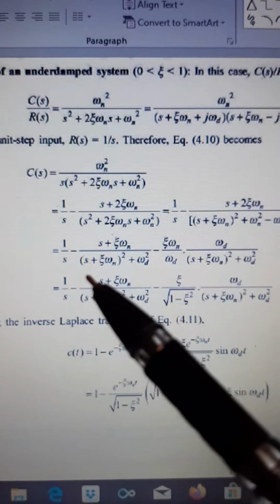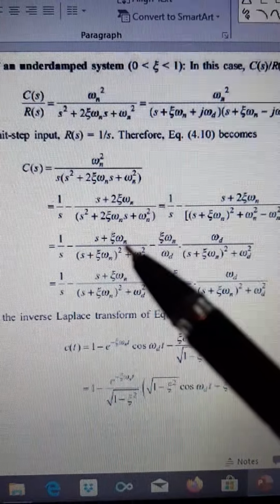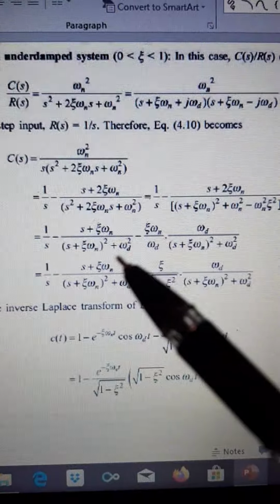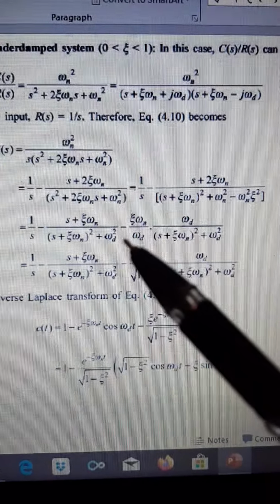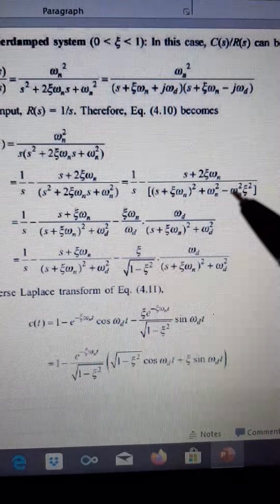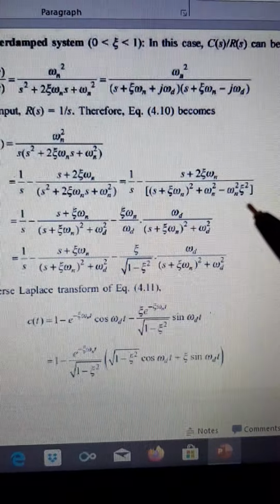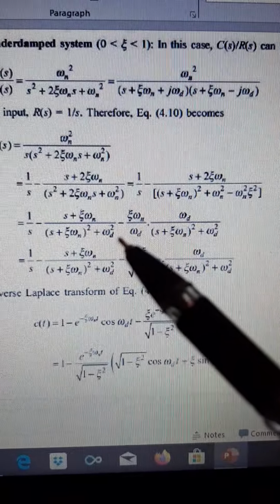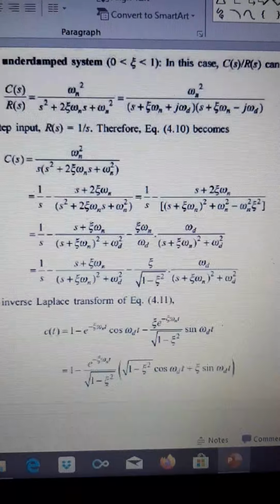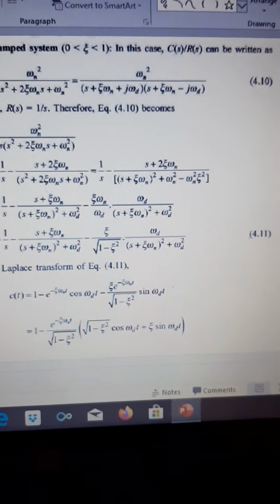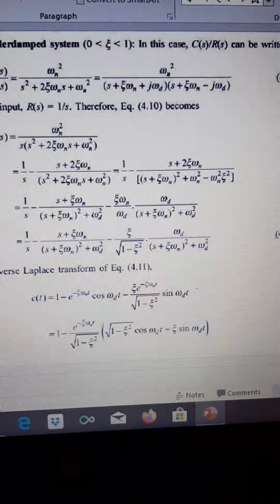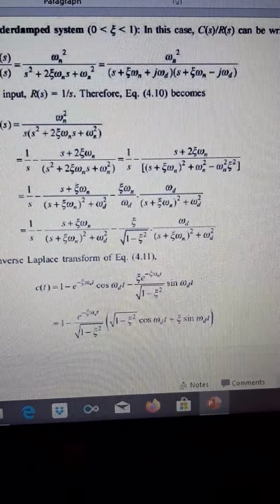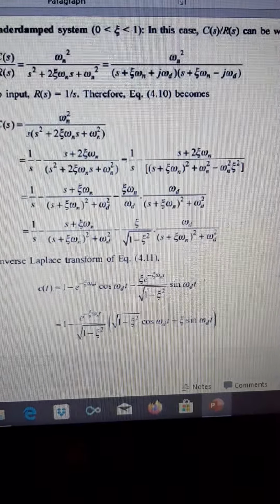Now 1 by S minus S plus psi omega n divided by S plus psi omega n all square plus omega d square, where omega n square minus omega n square psi square is equal to omega d square.